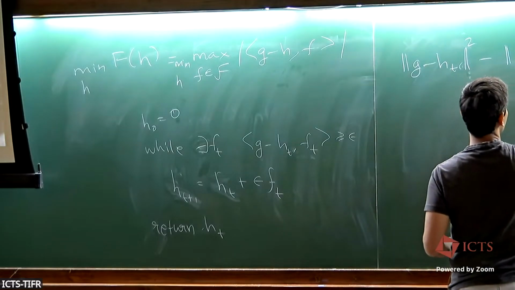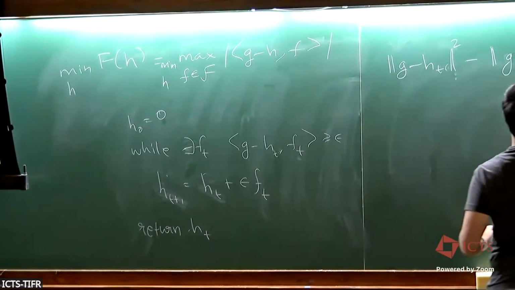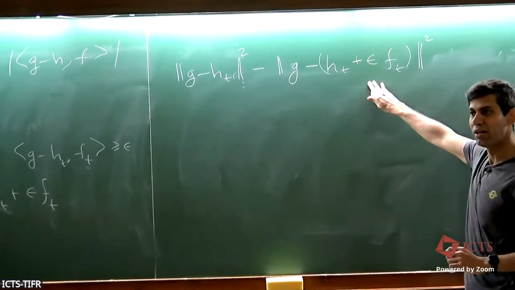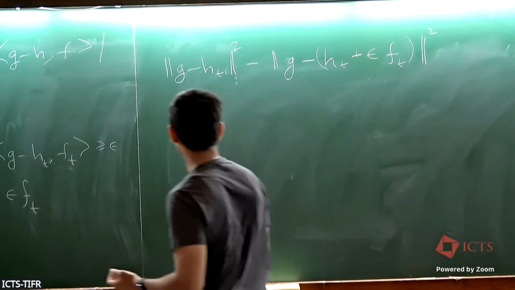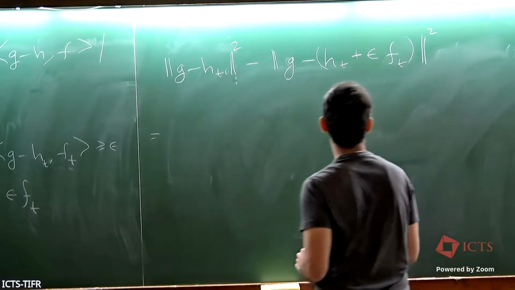I'm going to write h_{t+1}, but h_{t+1} is just h_t plus this, by definition. Now let's open up the norm. It's g minus h_t minus epsilon times f_t.